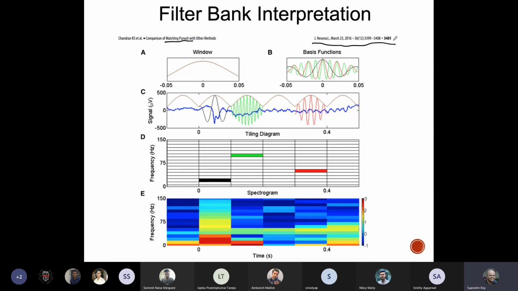So the idea is that the signal that you have is shown in blue here. This is my signal. After some time, there's this transient, and then there is this oscillation for 400 milliseconds, then it disappears. When I apply a window, so I've applied a window here. That's the window, and I'm translating the window.